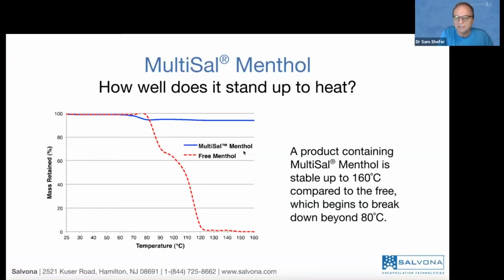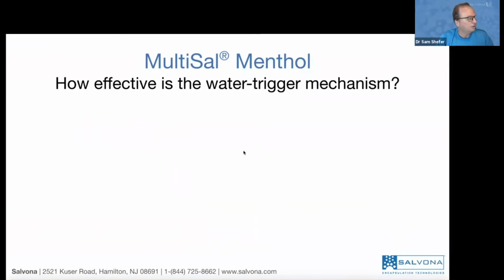So this is how manufacturers are bringing back the flavor that was lost during the process. MultiSal flavor or MultiSal fragrance for, let's say, a deodorant stick. Some of the deodorant sticks are totally anhydrous. There is no water, or there is a little bit of water, but the water is not available to break it down. So the only thing that can activate it is heat and water.